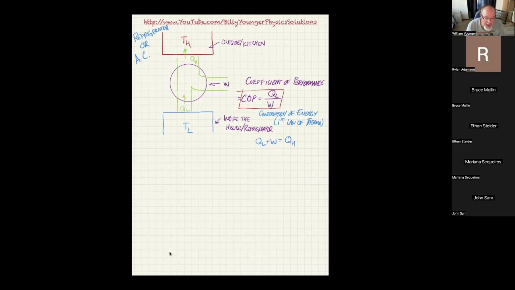And because of that, you can say that W is equal to QH minus QL. So we can go ahead and say that the coefficient of performance is equal to QL over W, but it's also equal to QL over QH minus QL.